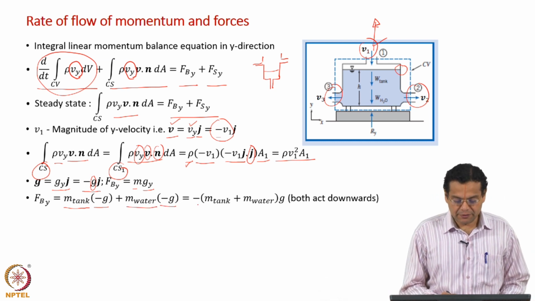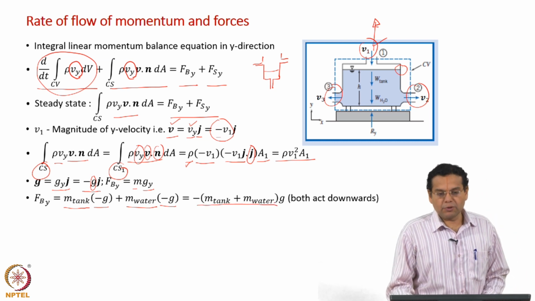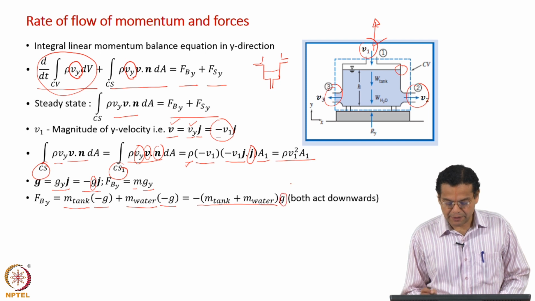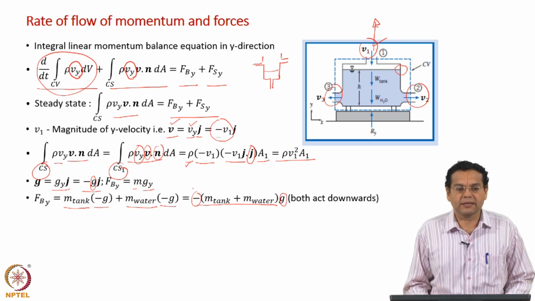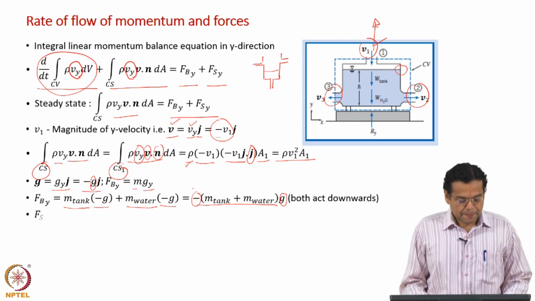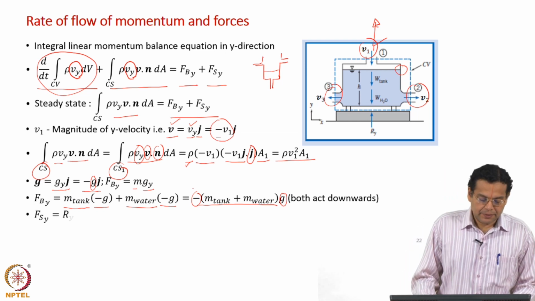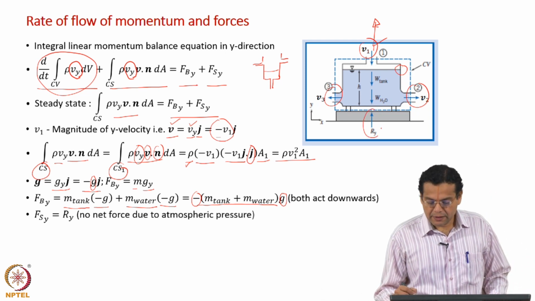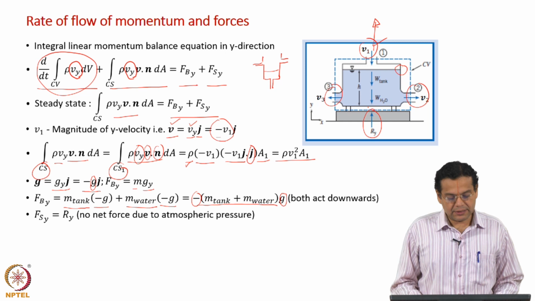If you simplify, you get the sum of both the masses into g. Remember, g here is just 9.81, we have taken care of the negative sign here because it acts towards the negative y axis. And the surface force is R y, which is along the positive y axis, and we already discussed that there is no net force due to atmospheric pressure. Okay.